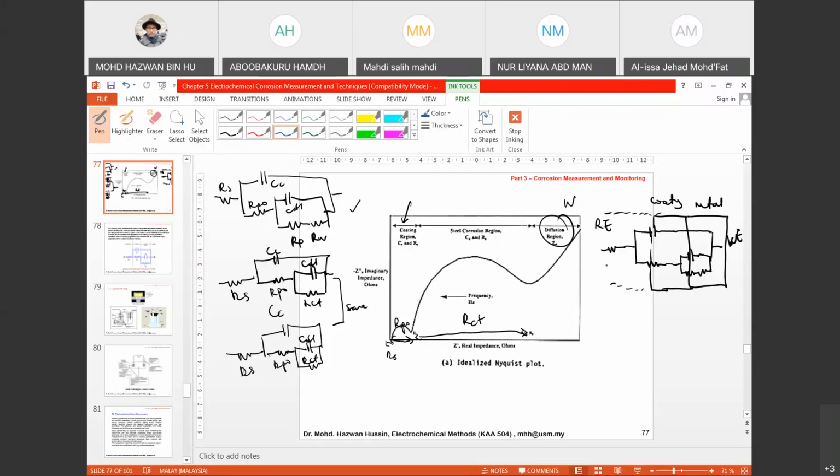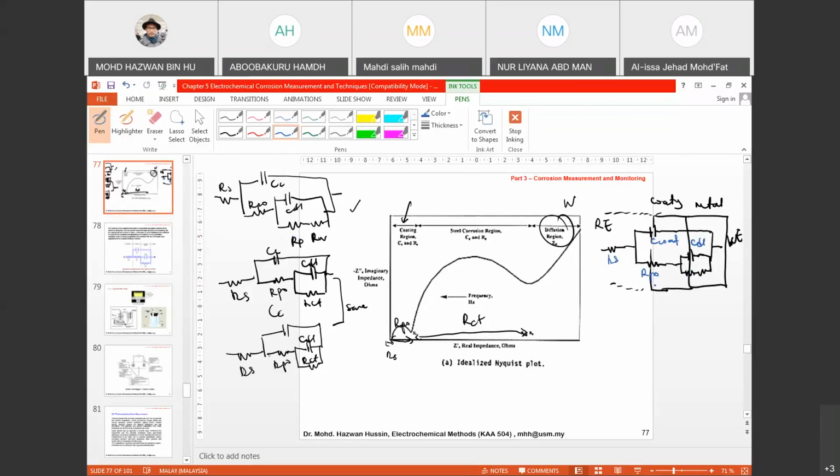But there's a problem. Over here, you put RP or RCT first. RS is here, putting capacitance here. This RPO, porous resistance. This CDL. This one here should be what?